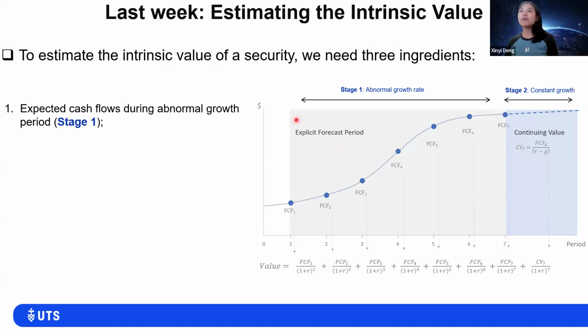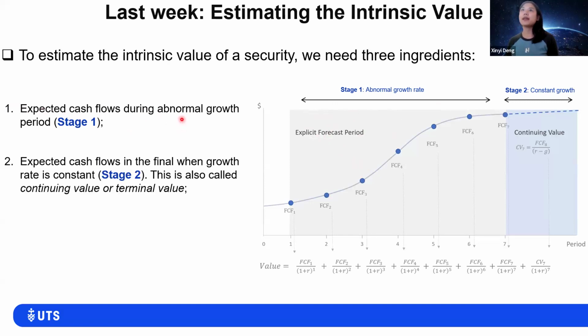Last week, we briefly talked about the two-stage model inputs. Let's do a review on those inputs first. The two-stage model is characterized by two stages of growth rates. The first stage is where the firm is expanding rapidly and experiencing a rather high growth rate. So the first input is the expected cash flows during that high growth period.